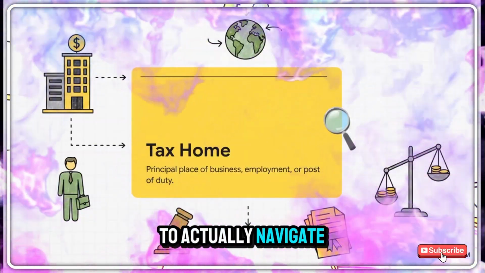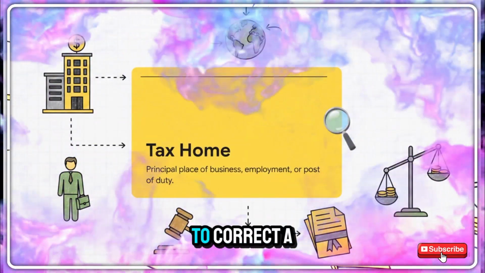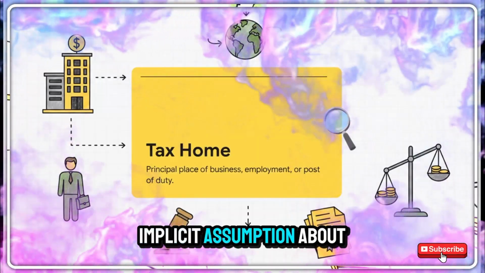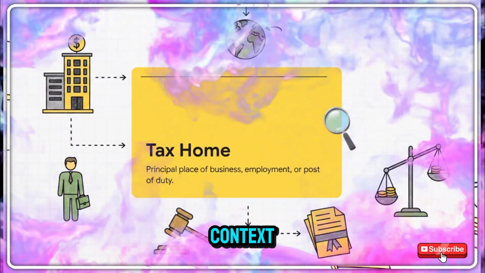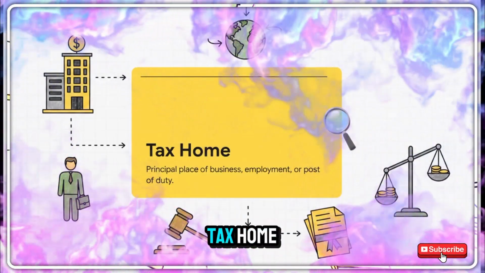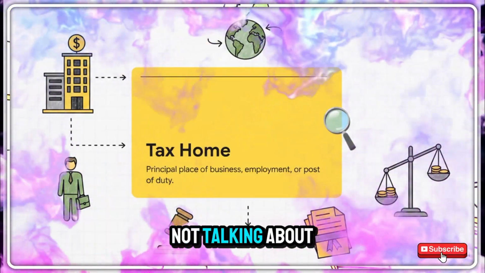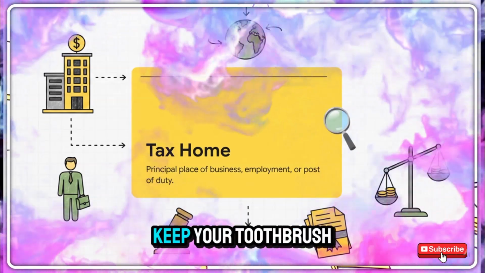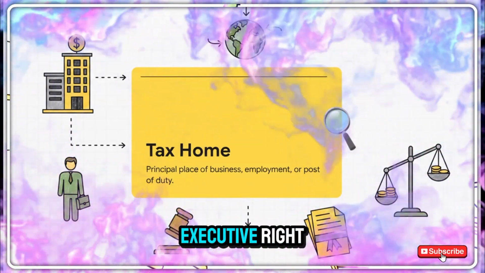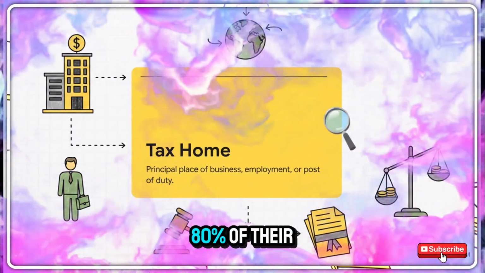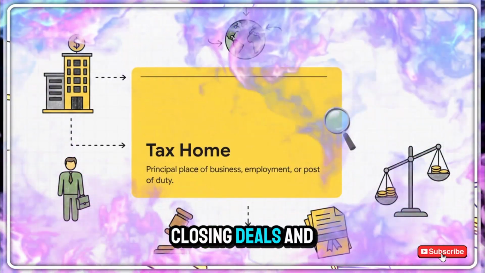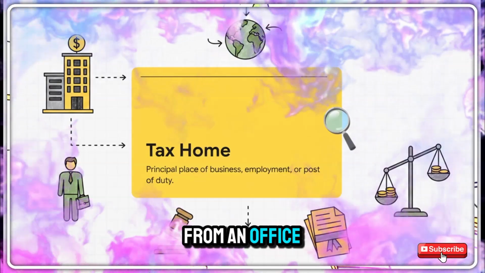To actually navigate this conflict, we first have to correct a massive implicit assumption about what home actually means in a regulatory context. When the authorities talk about your tax home, they are absolutely not talking about where you sleep at night or where you keep your toothbrush. Think of an executive, right? Someone who keeps a family house in Florida but spends, say, 80% of their year closing deals and managing operations from an office in London.